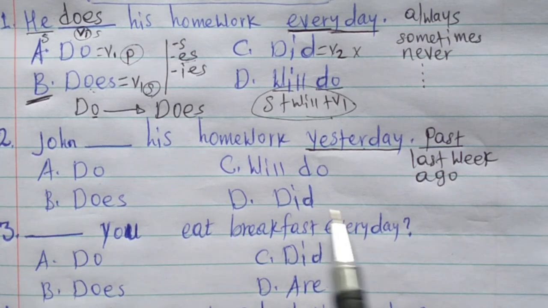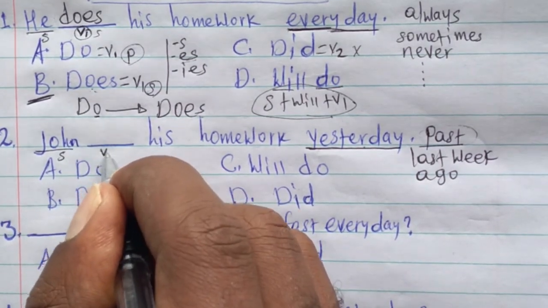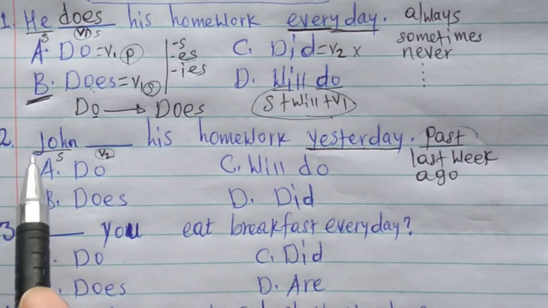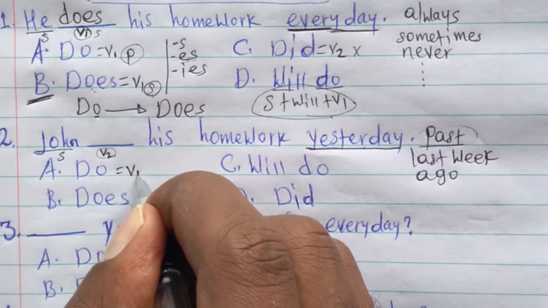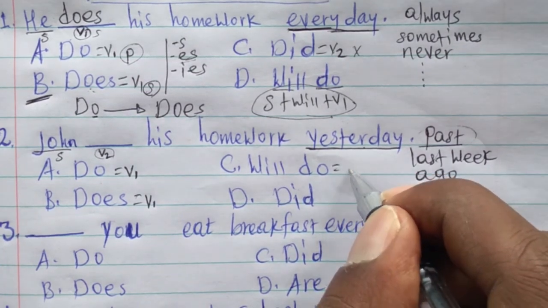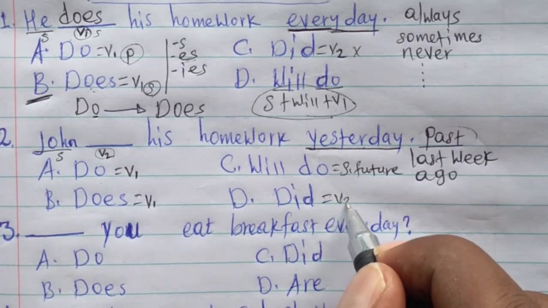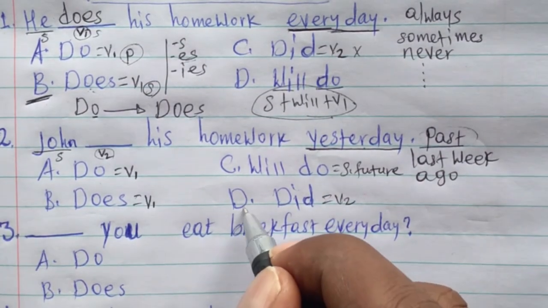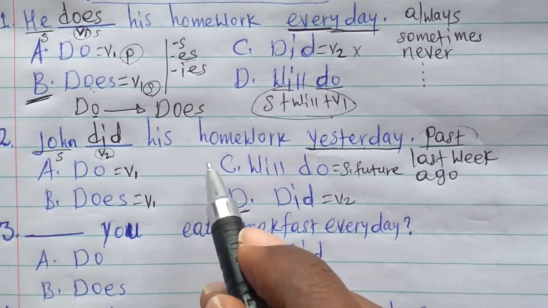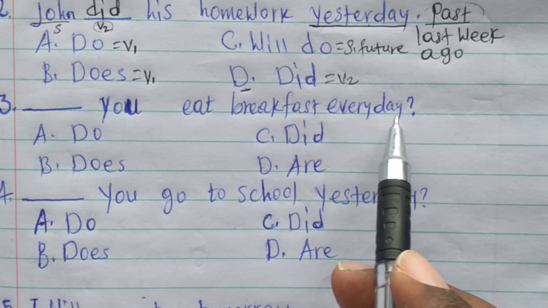So here we have the past tense structure, which is subject and verb 2. So we are looking for verb 2 here. Do is verb 1, does is also, like we said, verb 1, and will do is used in simple future tense, and did is the only verb 2 that we have here, so it is did. John did his homework yesterday.